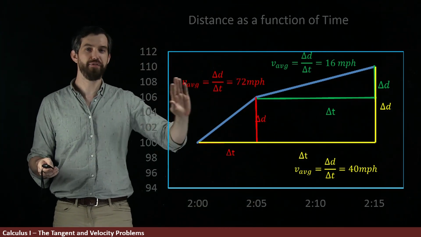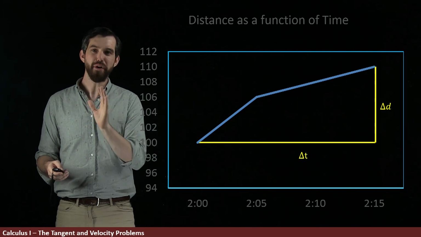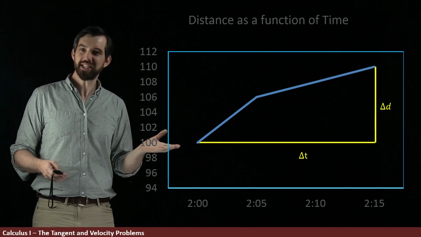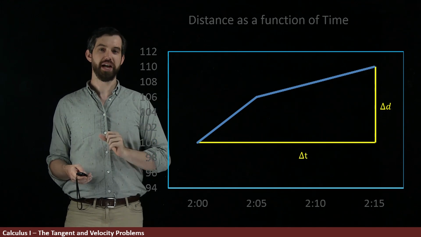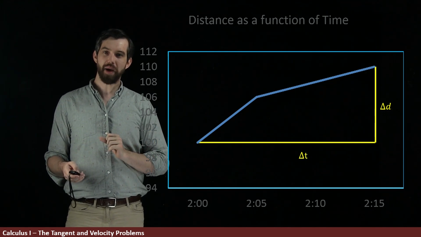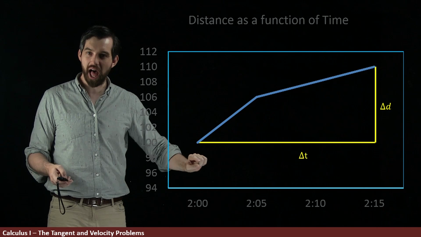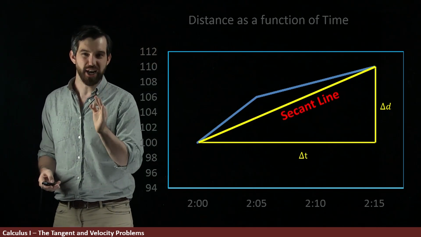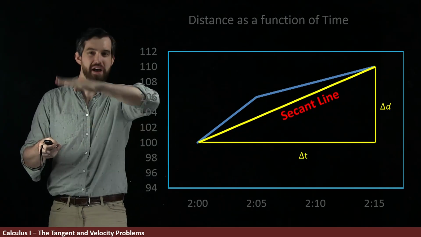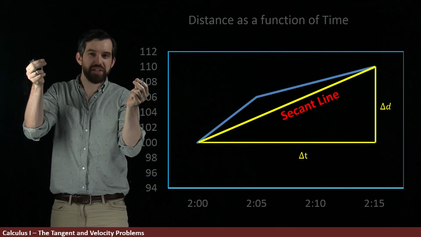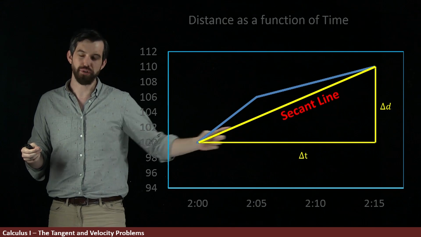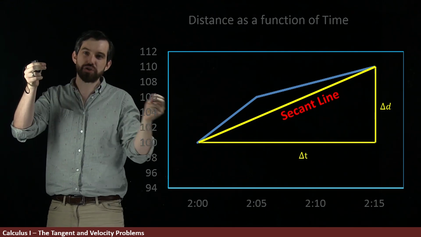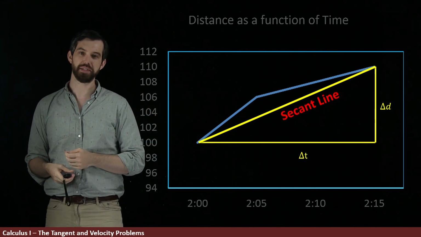Now, let's get rid of a bunch of the mess here. And what I want to focus on is that if I just keep the larger delta d over delta t, I could imagine that there was a line connecting these points. And this line we call a secant line. A secant line is just if you have some curve, and you have 2 points on it, for example, this point at 2 o'clock and 2:15, a secant line is a straight line between those two different points.